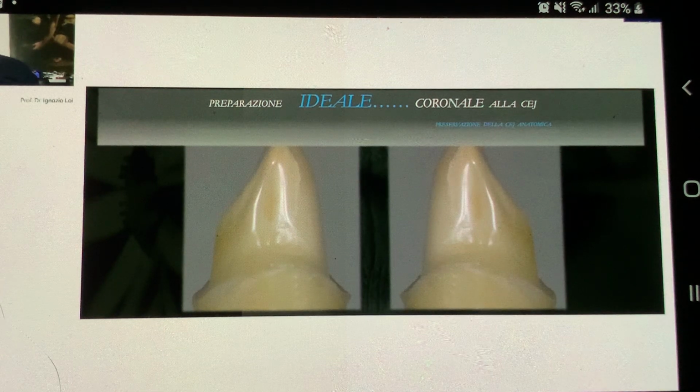So when we talk about ideal preparations, we talk about preparations which must be done above the CEJ.